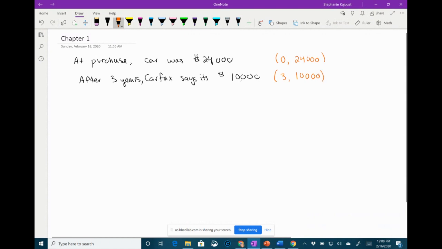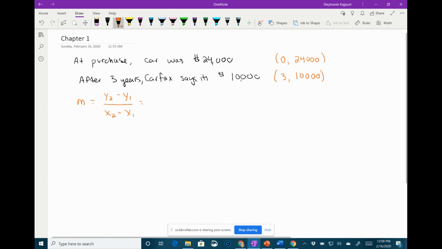So we want to do the equation of a line, and whenever you get an equation, you always have to find the slope. So the equation for slope, we always use m, so that is y2 minus y1 over x2 minus x1. And so we need to plug in our y values. It doesn't matter what order you plug them in as long as you're consistent.